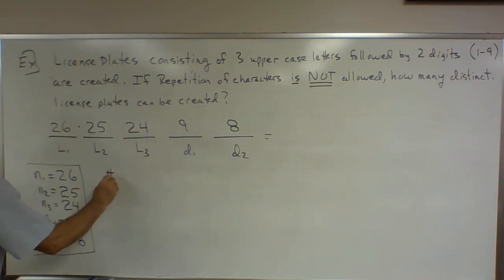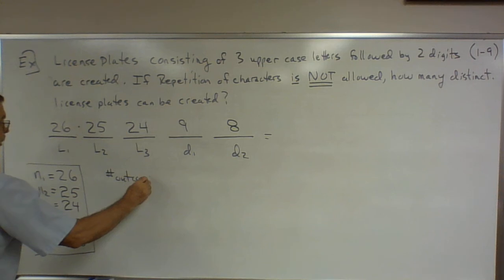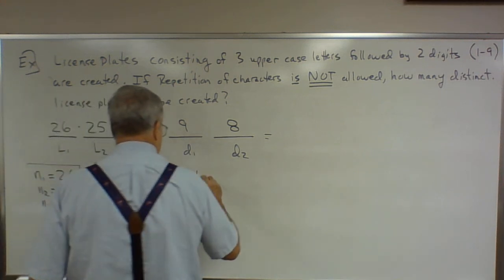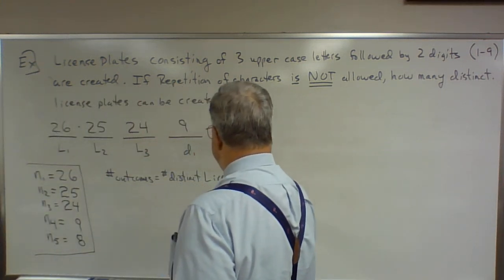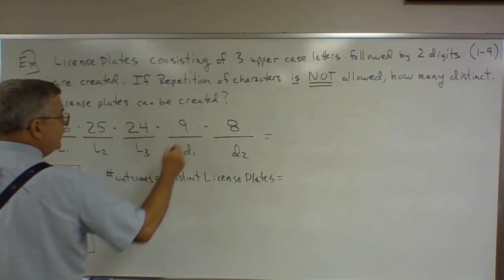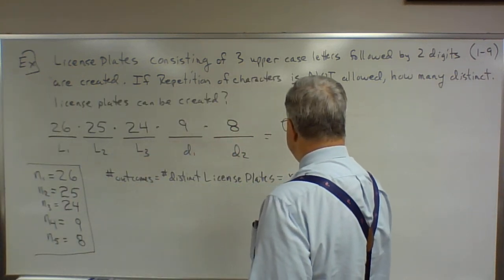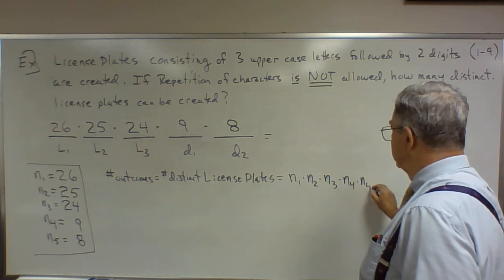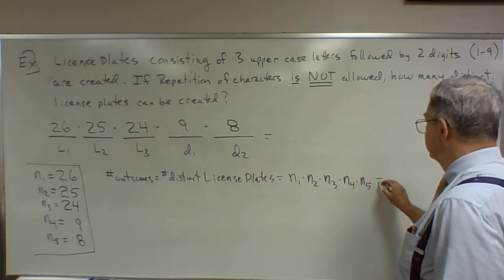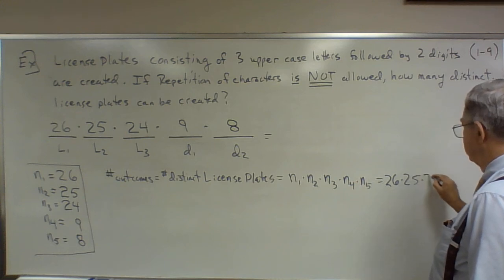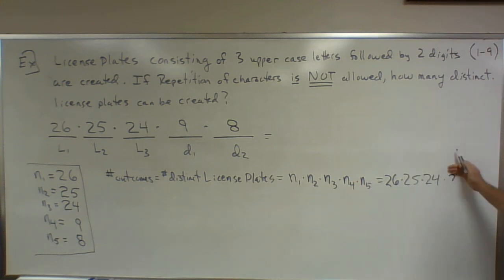And so the number of distinct license plates is going to be N1 times N2 times N3 times N4 times N5, and that's 26 times 25 times 24 times 9 times 8.